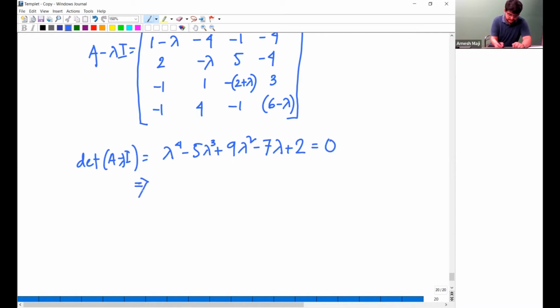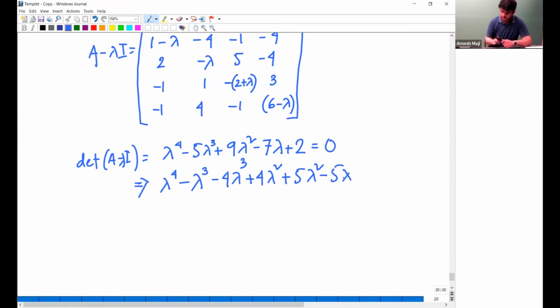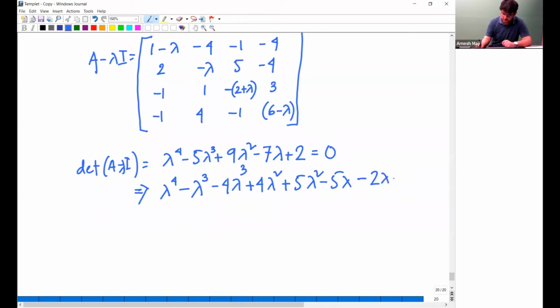Now let us solve for this. This will be equal to 0.